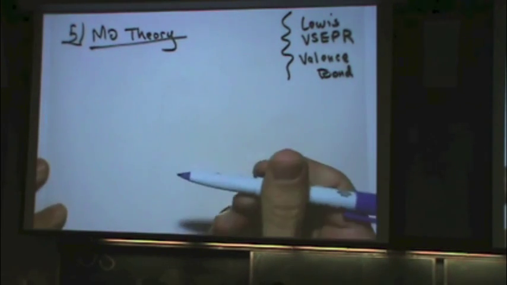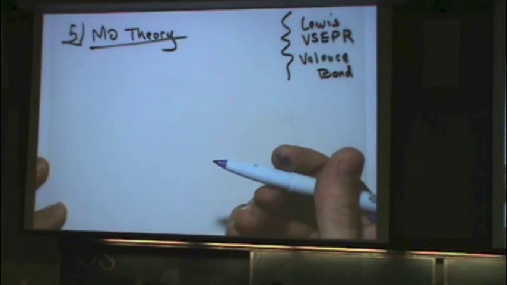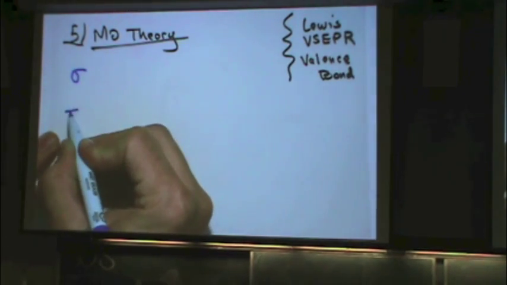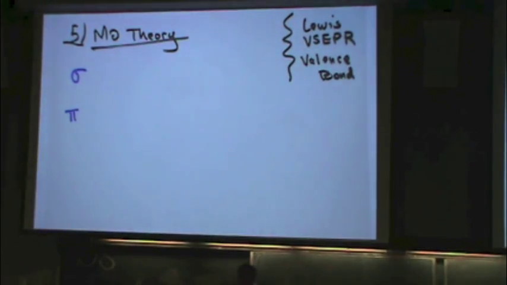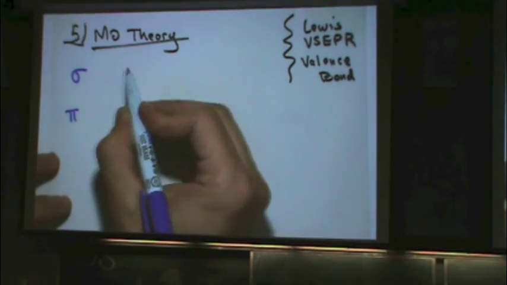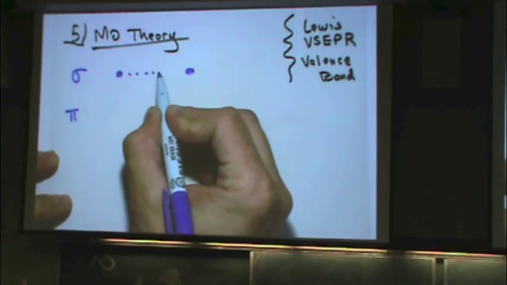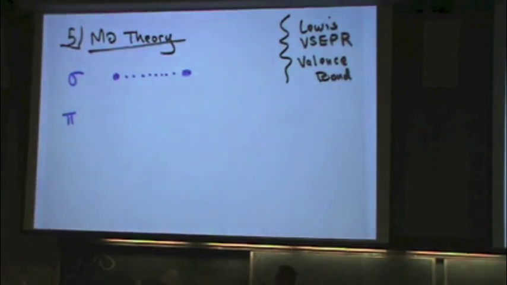All right. So let me attempt to explain this. Before I get into it, I have to explain there's two types of bonds that you're going to see in just a moment. A sigma type bond and a pi type bond. If you're Greek, you're going to love this stuff. Sigma means if you have two nuclei, when the bond happens between the nuclei, that's called a sigma bond. A pi bond is a little bit different.